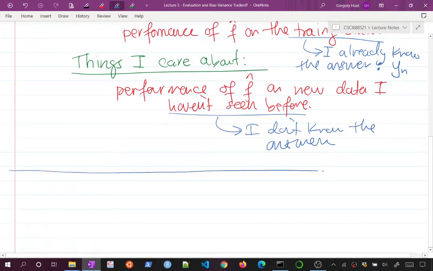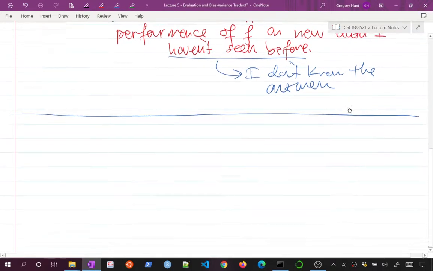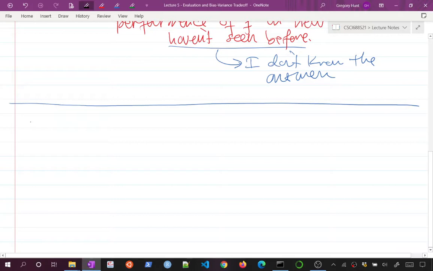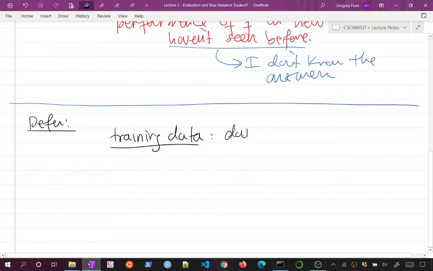So this gives rise to a kind of dichotomy, and I'll maybe write this as some definition. We have already our training data, and in layman's terms, our training data is the data fed to our approach to create f hat.